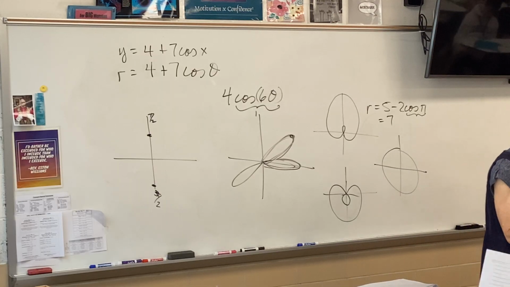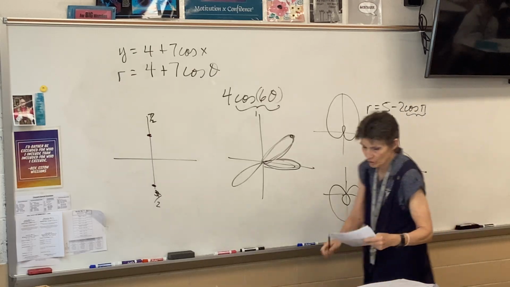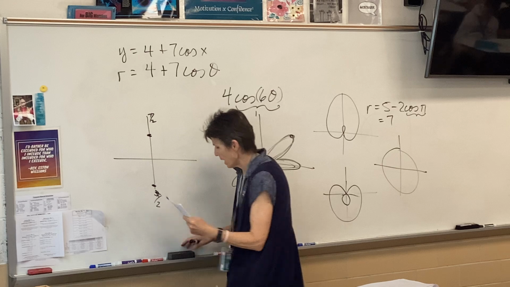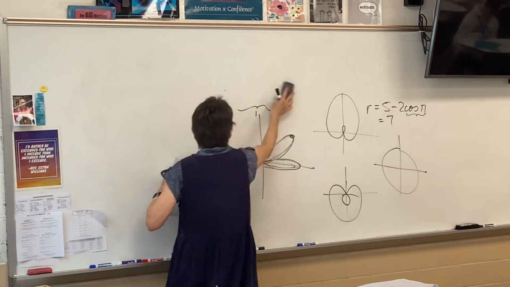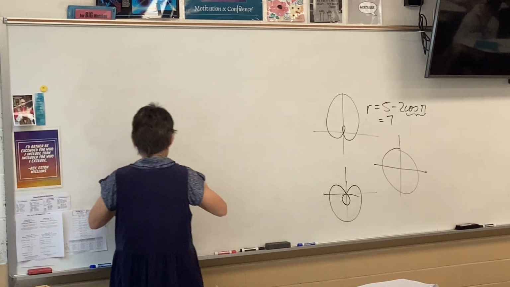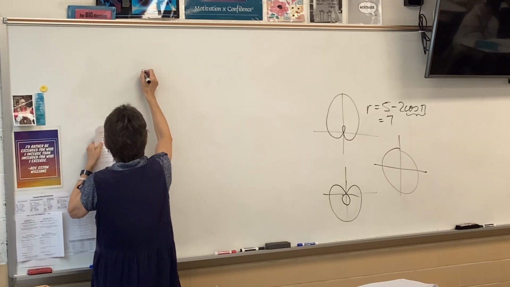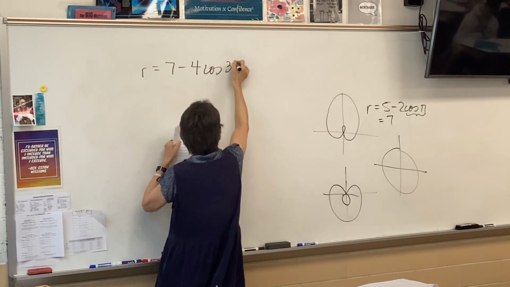Set D. All these questions are about one function. This time, they're all about the same curve, which is 7 minus 4 cosine 3 theta.